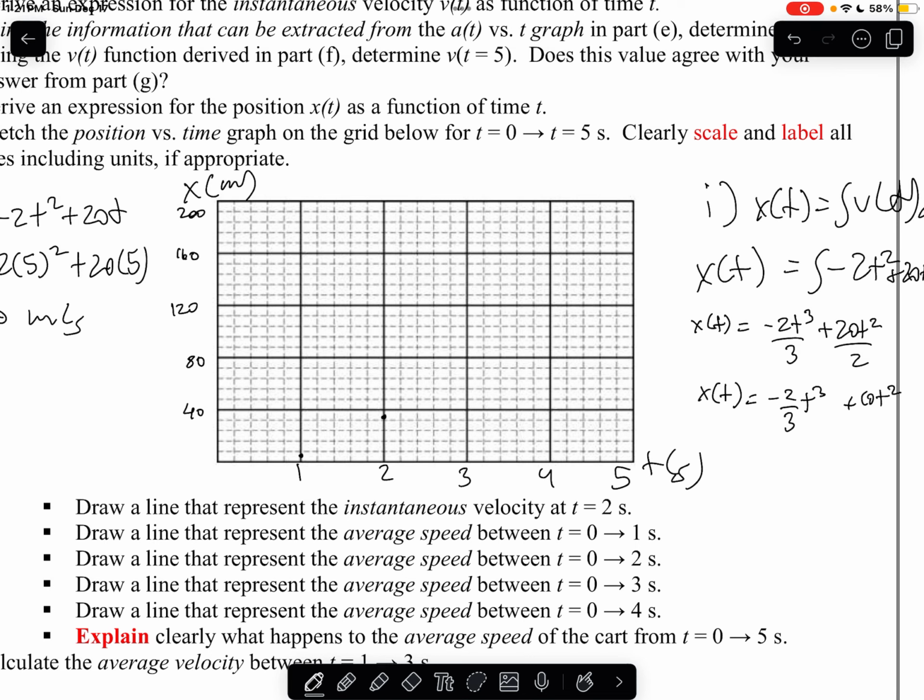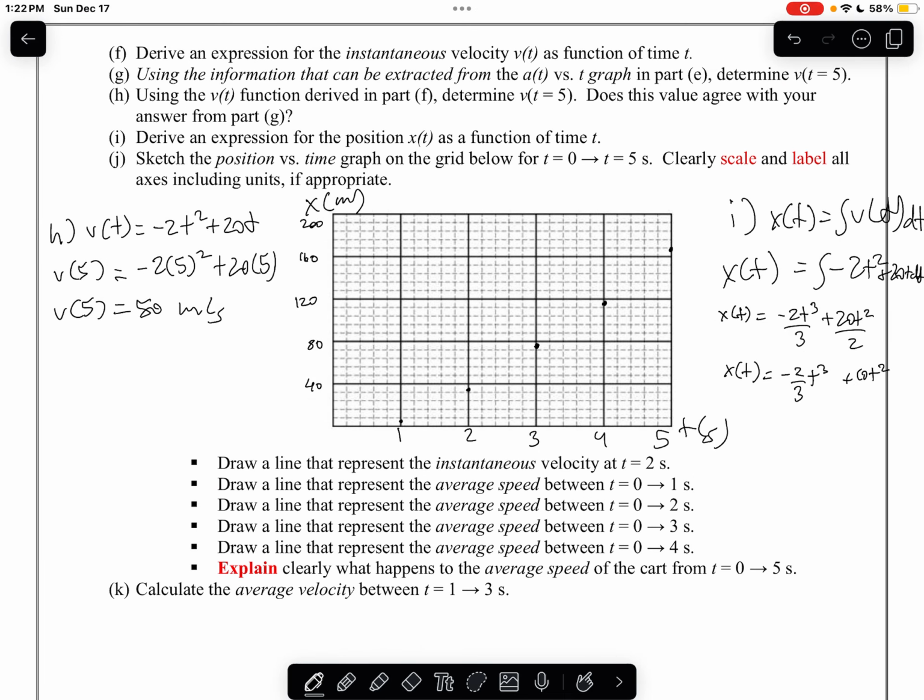For x of 3, I got 72, somewhere around here as well. Then x of 4 is 117.33, somewhere around there. And x of 5 is 166, somewhere around there. So this is the position versus time graph.